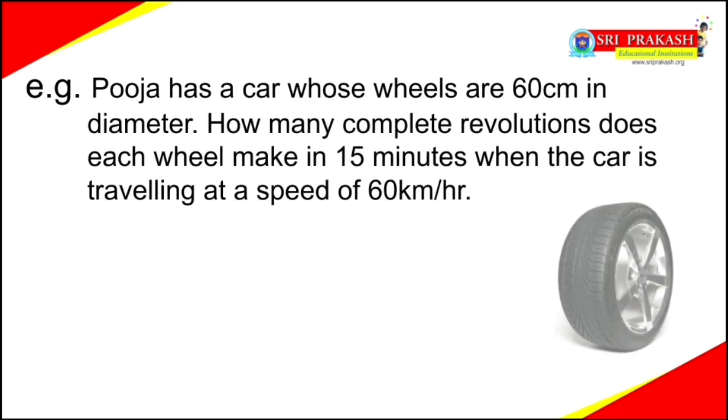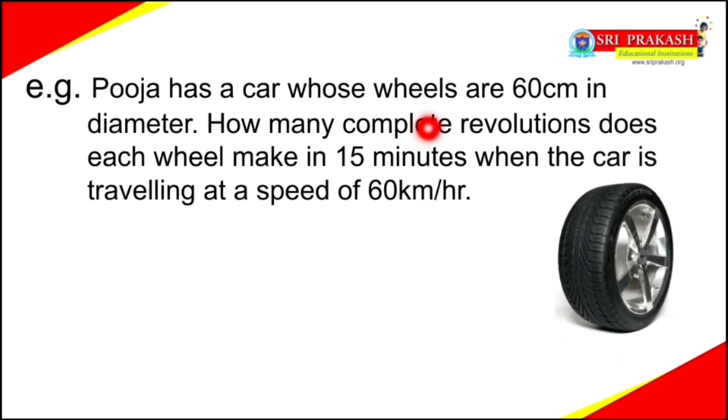Next, Pooja has a car whose wheels are 60 centimeters in diameter. How many complete revolutions does each wheel make in 15 minutes when the car is traveling at a speed of 60 kilometers per hour?